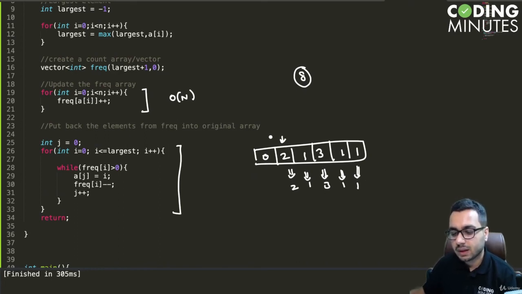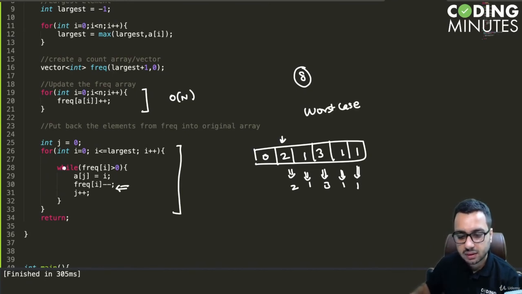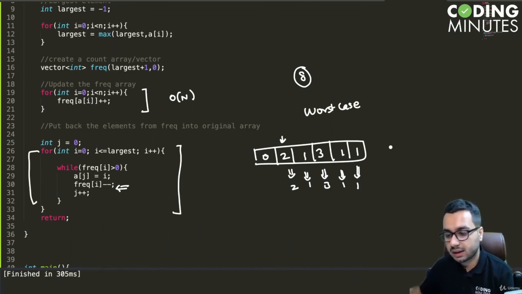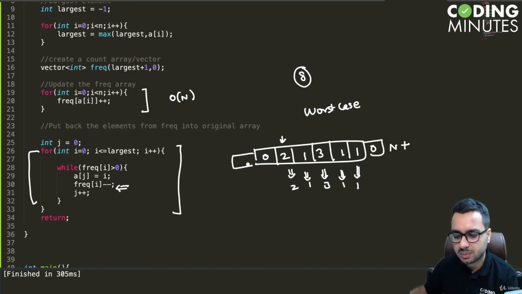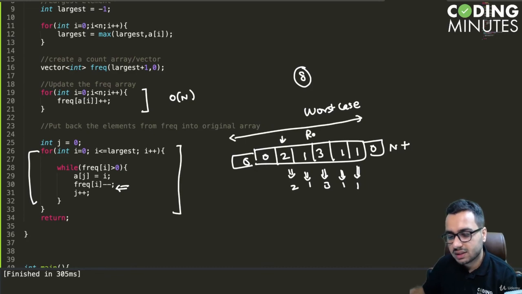That means in total, in the worst case, after doing all the subtractions combined with this for loop, this loop will not run more than n times, plus there would be few boxes which are part of the range, but they don't have any output in between them. Okay, they are 0, so we may iterate a maximum of range as well. Okay, so this comes out to be order of n plus range.